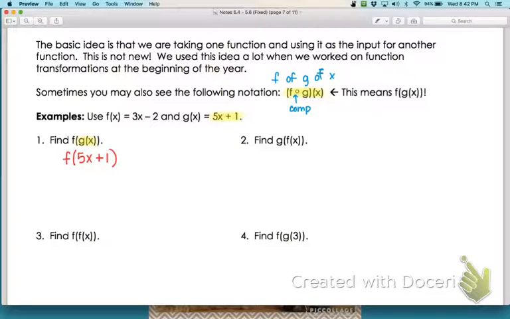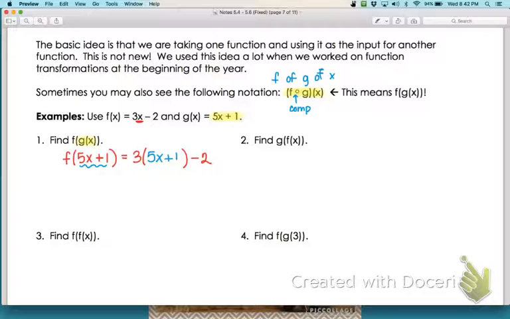And to do that, remember what we do is we're going to take the x out of f of x and replace it with our new input, which is now 5x plus 1. So we have 3 times whatever we plug in minus 2. Well, what we're going to plug in is this input right here, 5x plus 1.